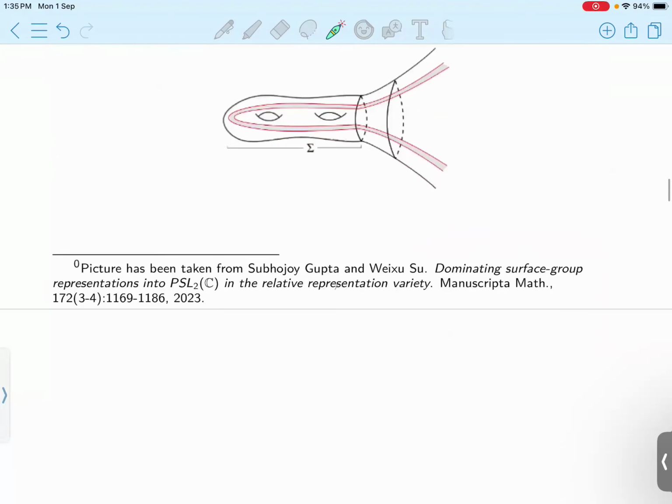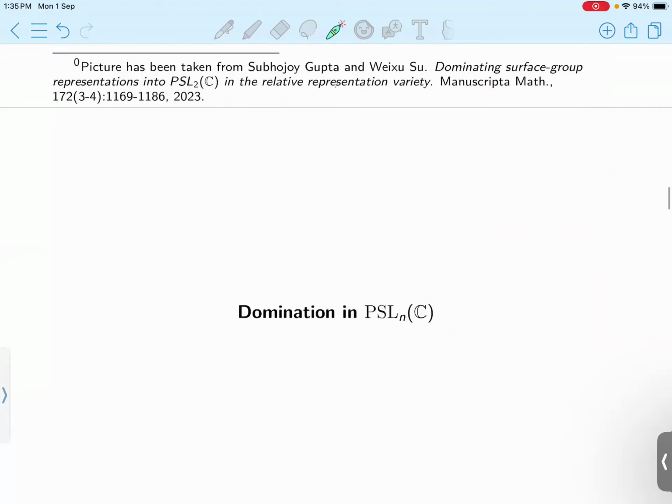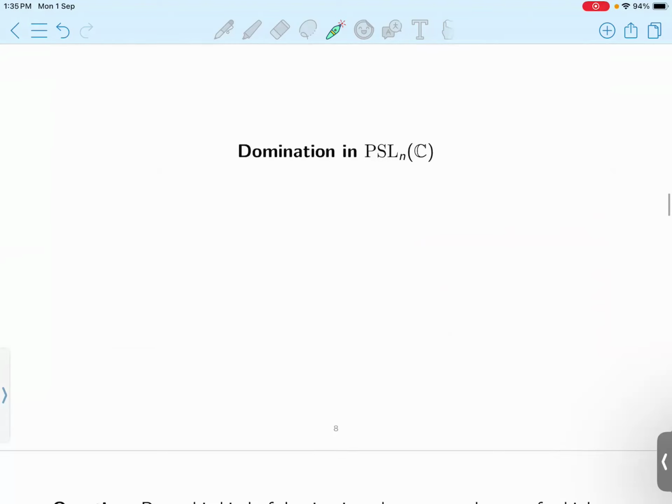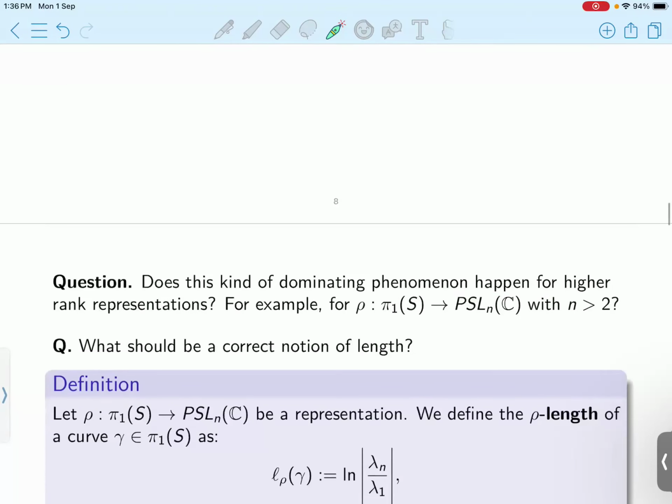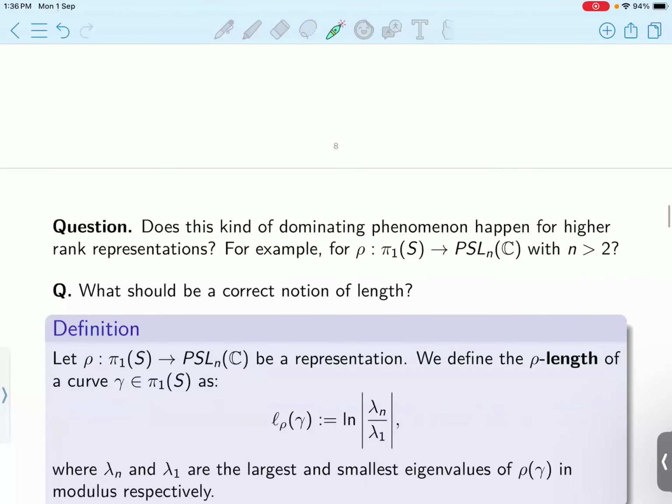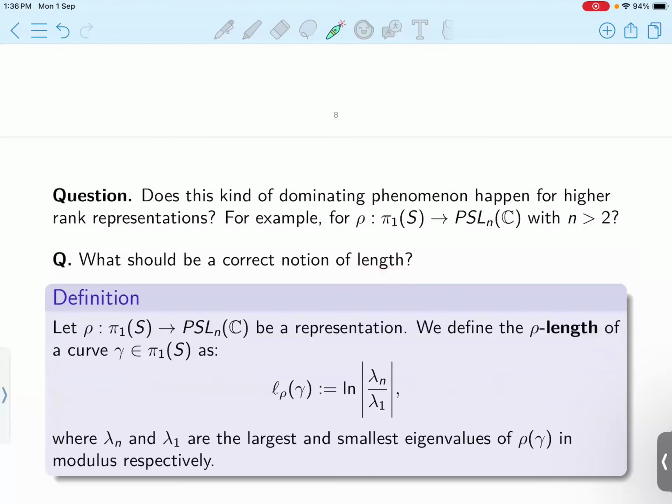Coming back to our original concern, we want to know whether this kind of dominating phenomenon happens for higher rank representations, for example, for representations from pi1 S to PSLnC with n greater than 2. Here the first question is: what should be the correct notion of length for these representations?